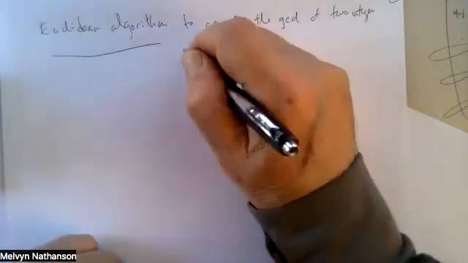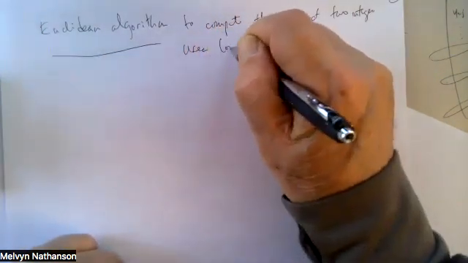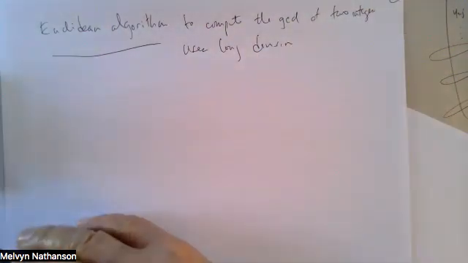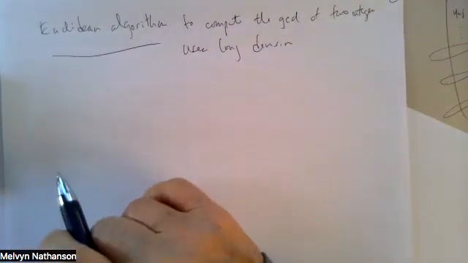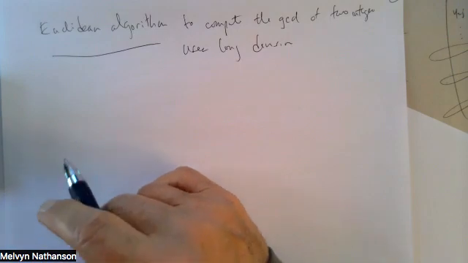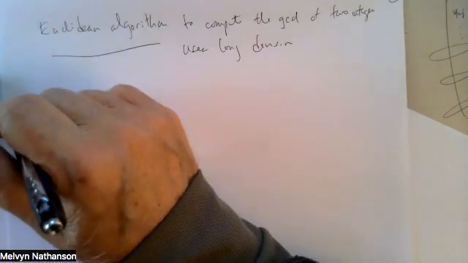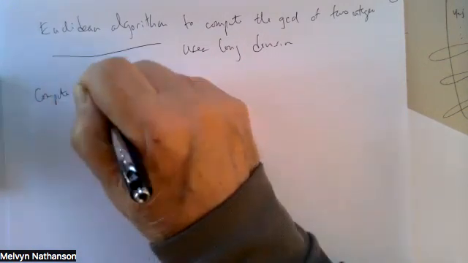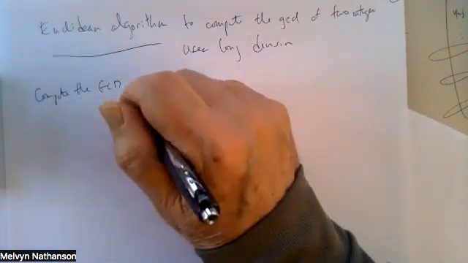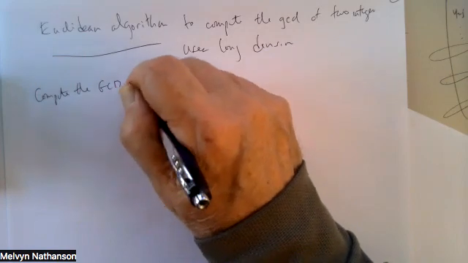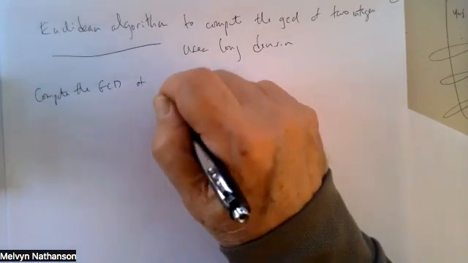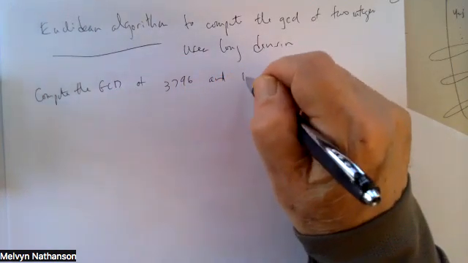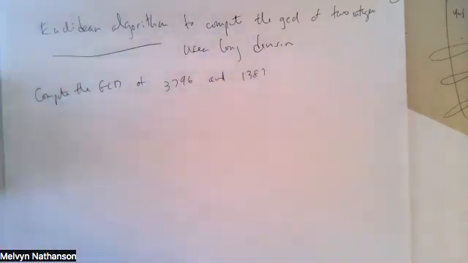And it simply uses long division. So let me give the example that you will find in the text on page 69. Compute the greatest common divisor of 3,796 and 1,387.